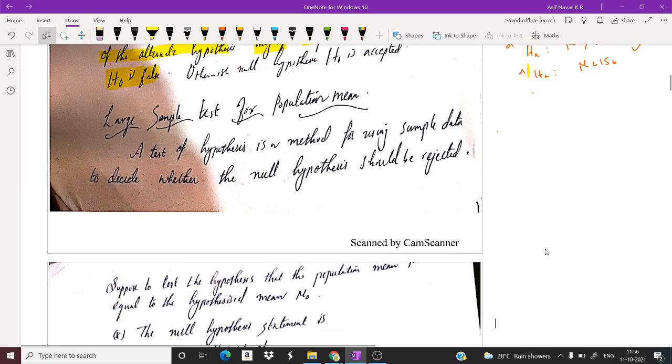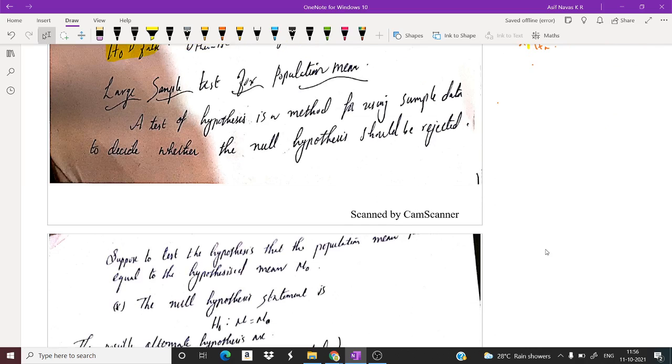Now first we will discuss the large sample test for population mean. This is used to test the population mean. Now I will define what is testing of hypothesis.